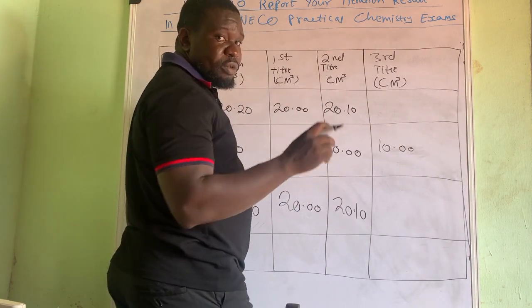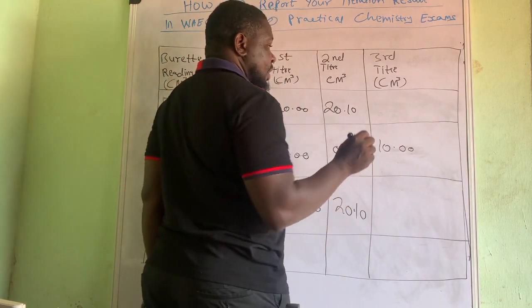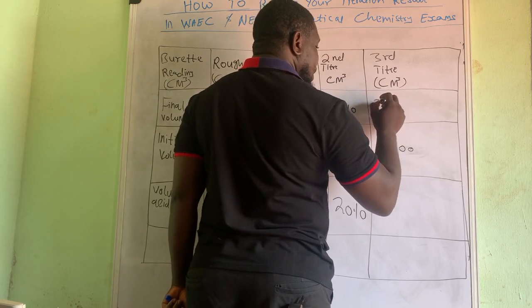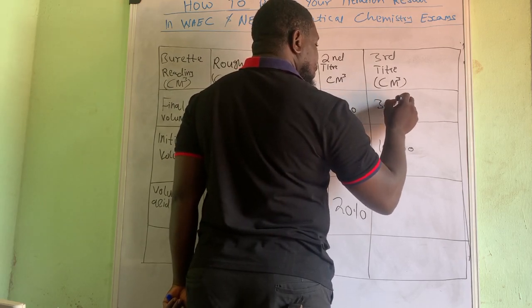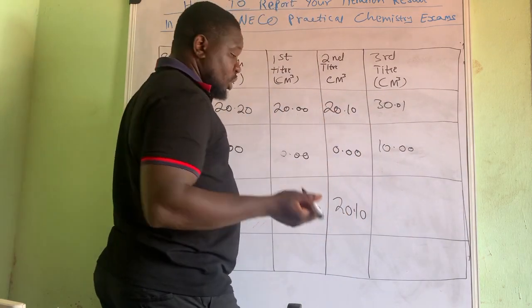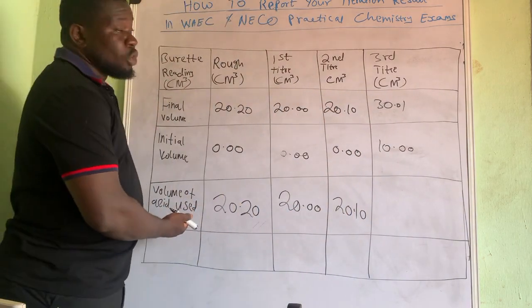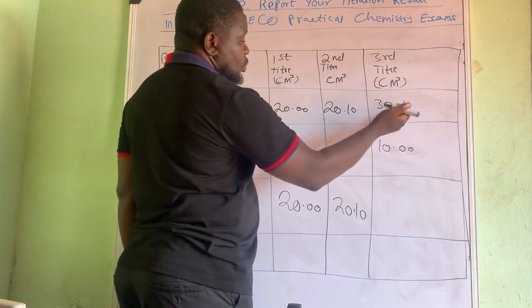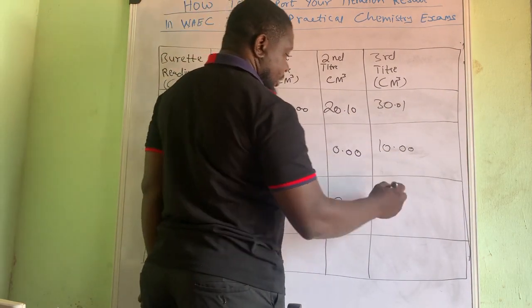After titrating, when you reach your endpoint, you notice that the reading is now 30.01. So what do you do to obtain your volume of acid used?